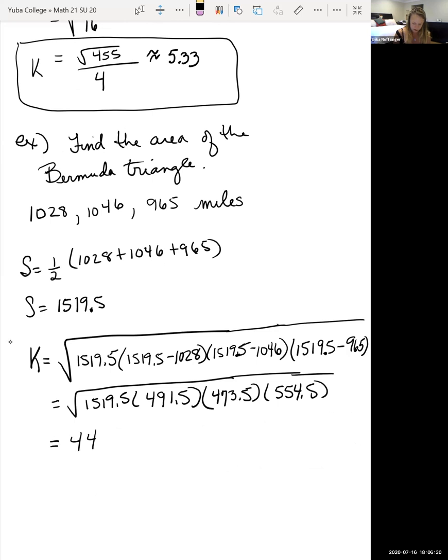Four, 2, 8, 1, 5. And it asked for the nearest mile. So it's 0.5 that is next. So this would round up to a 6.